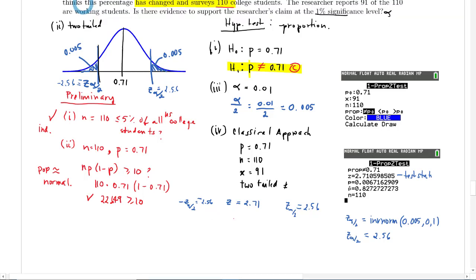Is it in between negative 2.56 and 2.56, or is it greater or less than these? Well, 2.71 is definitely greater than 2.56. So the test statistic z lives in the critical region, and therefore we expect to reject the null.